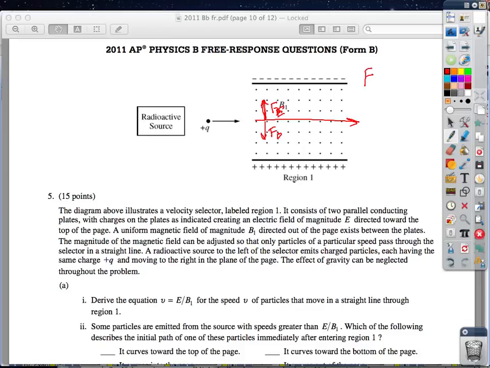So then I'm just going to say F_E equals F_B, and that's going to give me Eq equals qvB, and then those q's cancel, so I get v, the velocity there. v is equal to E over B. So that's how we do this. Check.